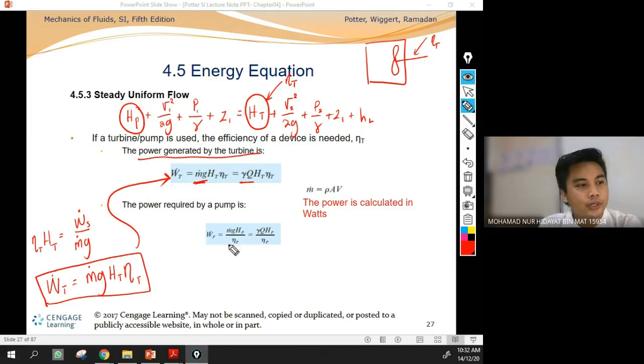In order to get the power required by the pump, remember the pump needs energy to give to the control volume, so it requires power.